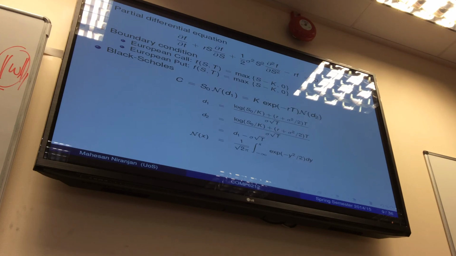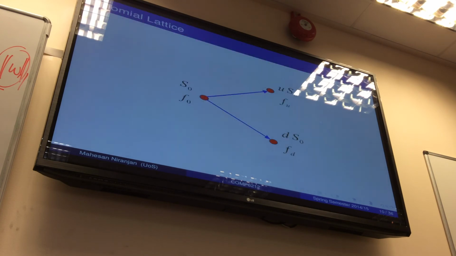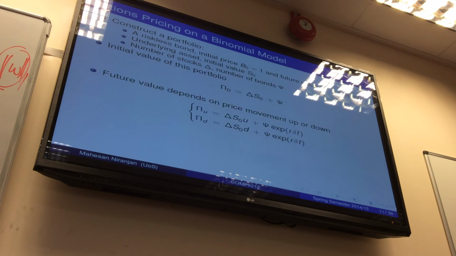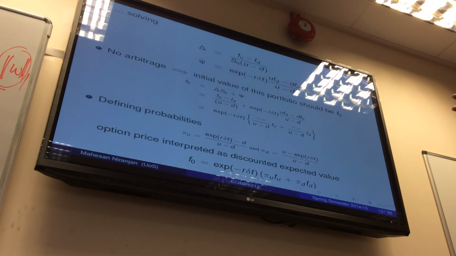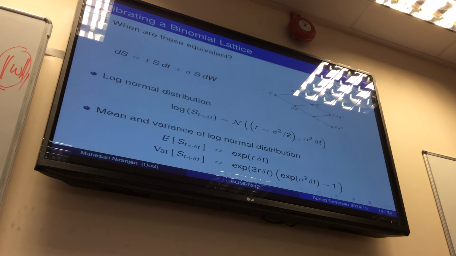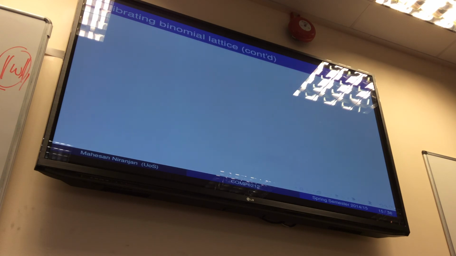So what I might do is I might stop there instead of going any further about the next one. But we will go in detail on how to price options on a lattice on Friday again. I touched on this last week, but on Friday we'll do this. I'll perhaps go through this rather fast because you can already see what's going on.